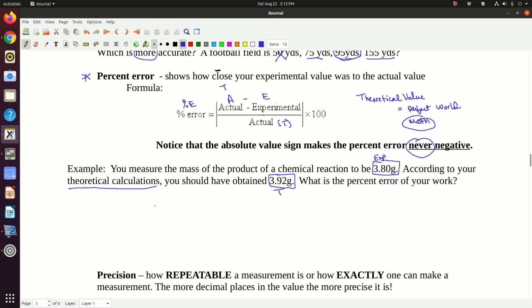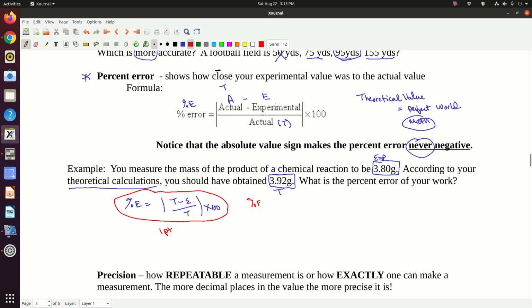So what's percent error? Here's the procedure. You write percent error equals theoretical minus experimental over theoretical times 100. You must write that. This right here with no values substituted is 1 point. If you substitute the values, that is not what I'm asking. I'm asking you to write the formula. Now you substitute the values.